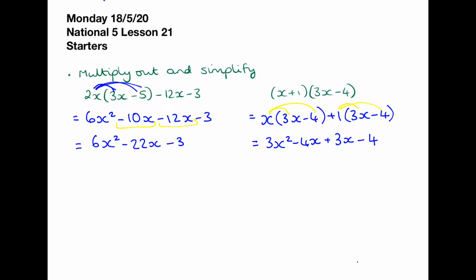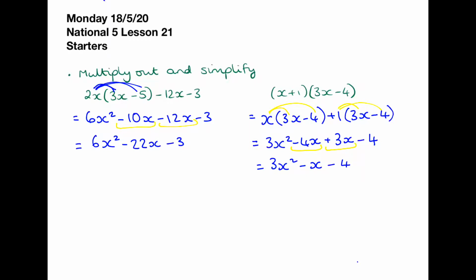And then we see we need to simplify now by collecting like terms. So we've got 3x squared, and then if we have a look, we've got a minus 4x and a plus 3x. So that makes minus 1x altogether, and then a minus 4. And that's that one done. Okay, so the more you practice these, the easier they'll become, and the less you'll actually need to think about it.